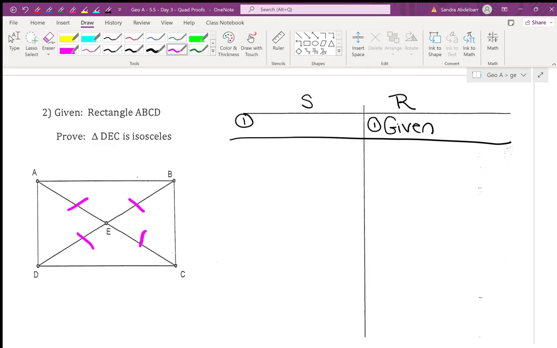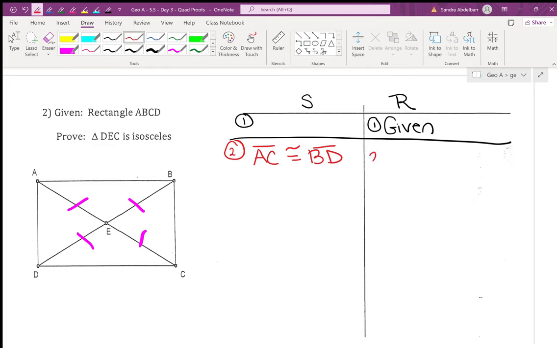All right, well, we got to go step by step. So we're going to name our first thing about a rectangle. And in a rectangle, the diagonals are what? Congruent. But is AE a diagonal? No, AE is not a diagonal. AC is the diagonal, right? So I'm going to say AC is congruent to BD.